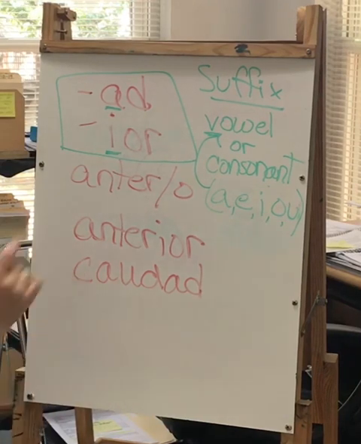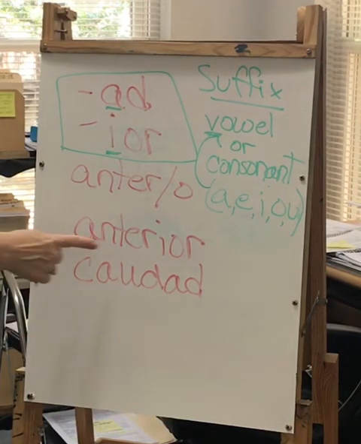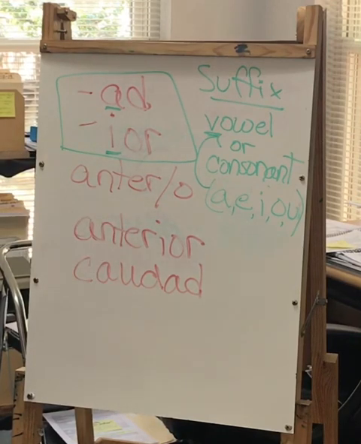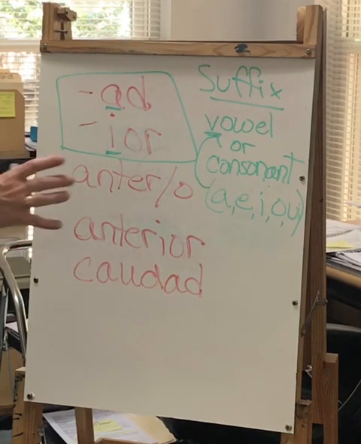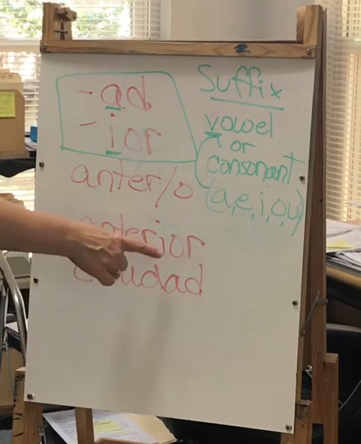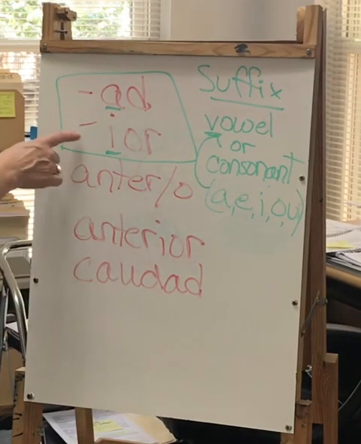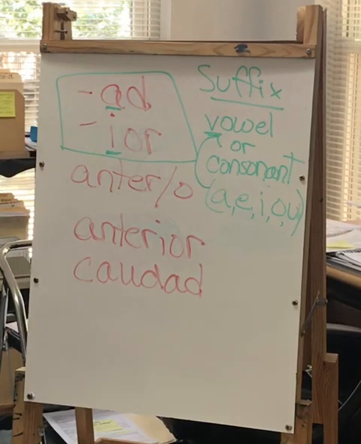Okay, so look at anterior. When you look at this word, you're looking at it and trying to determine where you're going to put the slashes. Find the word parts. When you look at the end of it, go find the suffix first. That's the easiest part. And you look back and you look at your suffixes, which you've memorized now, and you say, oh, IOR is a suffix.